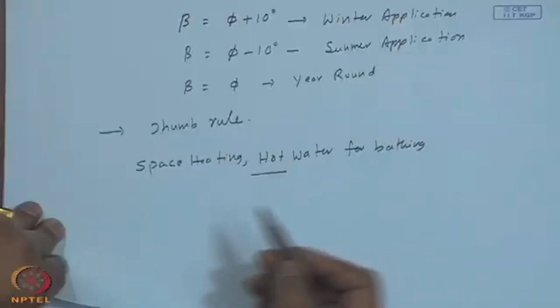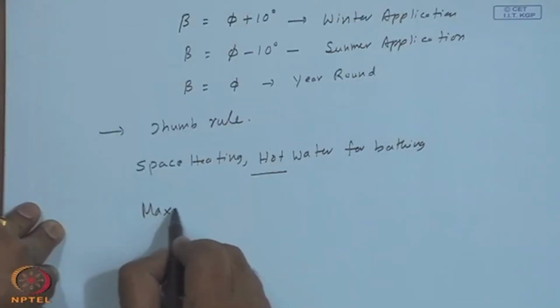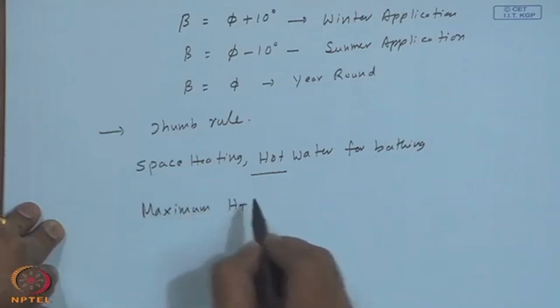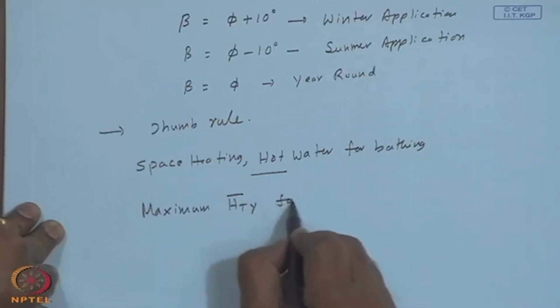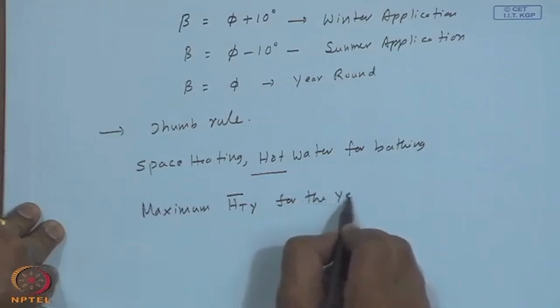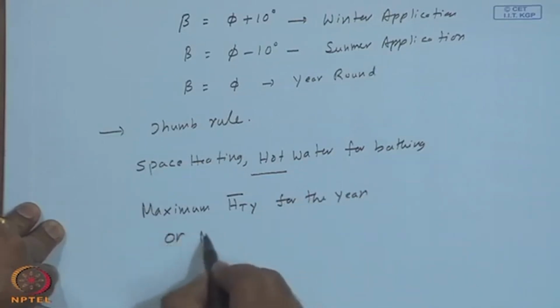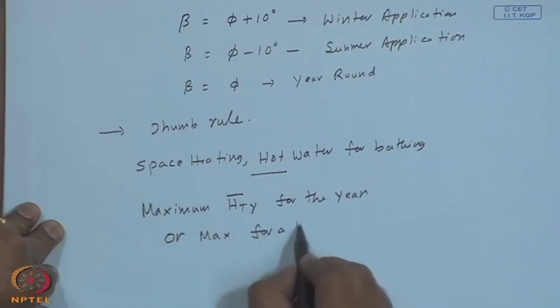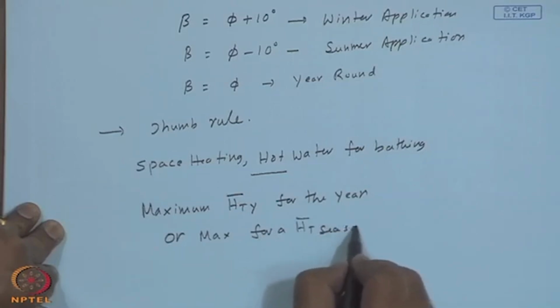So, we have to find out and rather define what exactly we mean by optimization. So, one way is maximum HT for the year or max for a HT bar season.